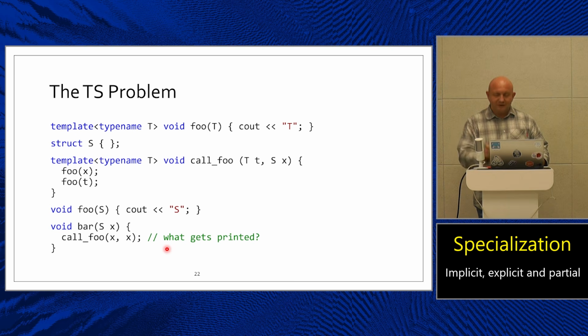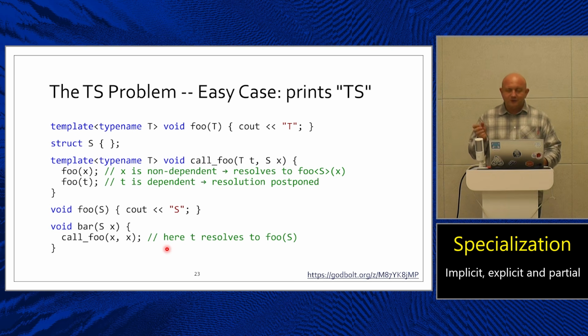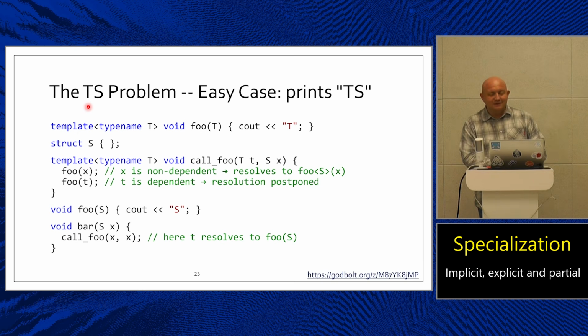3, 2, 1. Okay. The output is TS. And here is a breakdown. Okay, this is the TS problem, of course. The output is TS. And here is the breakdown. Inside call foo, the first call is for x, and x is non-dependent, and this resolves immediately here and prints t. Okay.